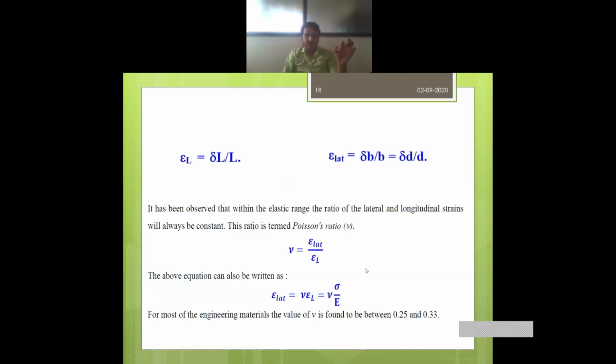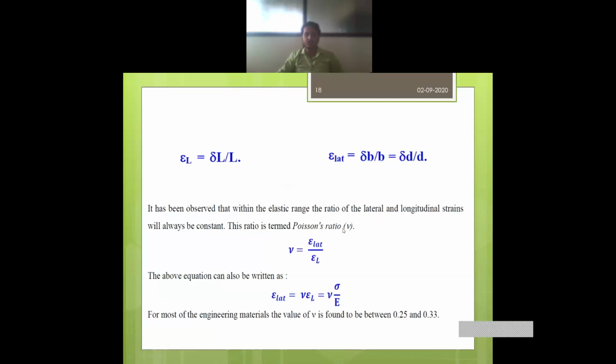So it has been observed that within the elastic range, the ratio of lateral strain, across the cross section, and longitudinal strain, along the length, will always be constant, which is termed as Poisson's ratio.